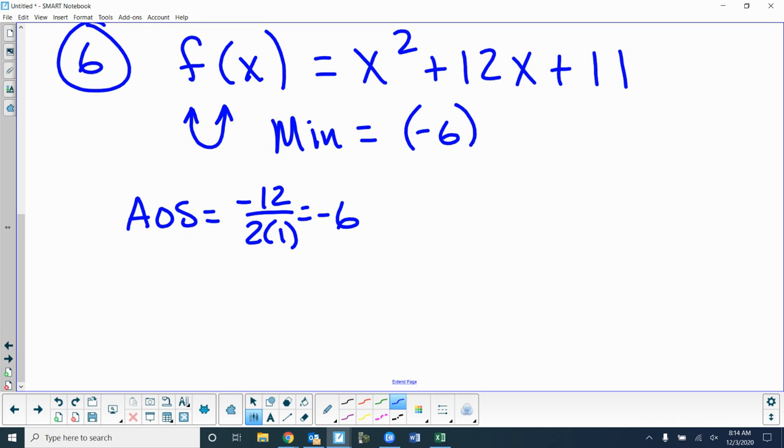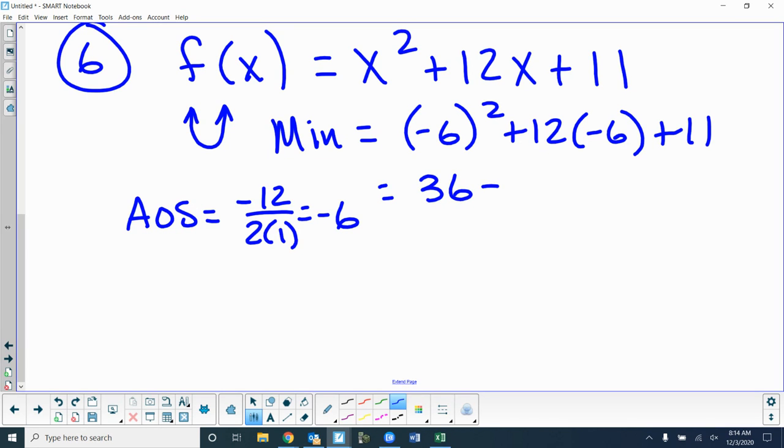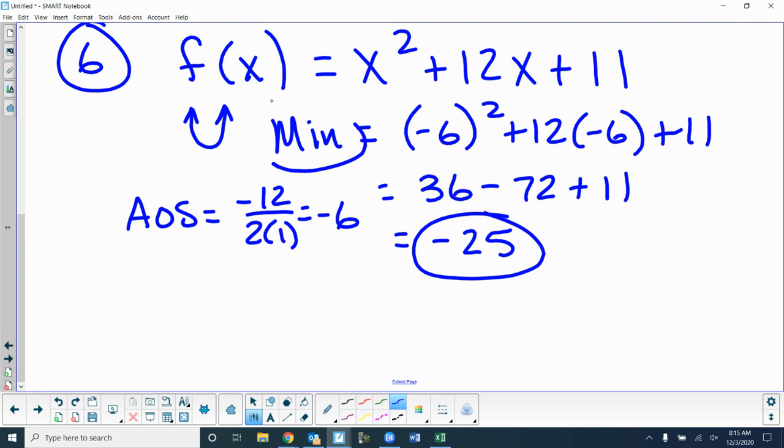So you put negative 6 in for x. Okay, which would be positive 36 minus 72 plus 11. 36 minus 72 is a negative 36, plus 11 would be a negative 25. Questions on number 6? We're getting these right, hopefully.